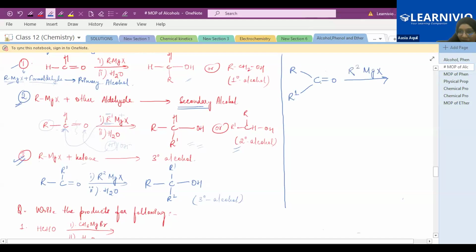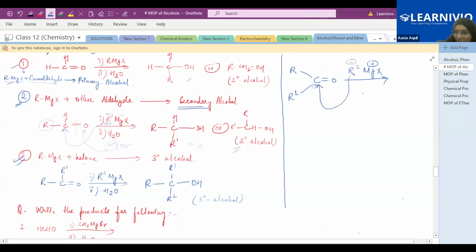So the first step will be that this will acquire this alkyl group. R2 will acquire partial negative charge, and this will acquire partial positive charge. Between this carbon and oxygen bond, this carbon has partially positive charge, and this will have the partial negative charge, right? So this R2 will come and attack this carbon, which has a positive charge, right?